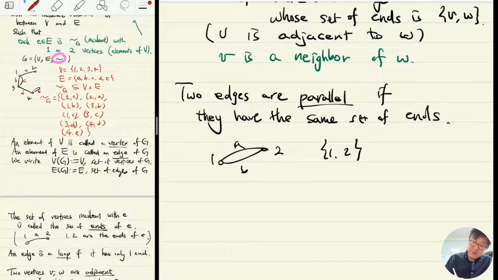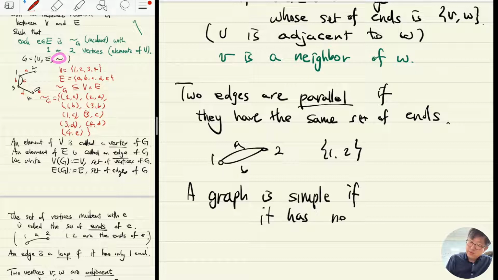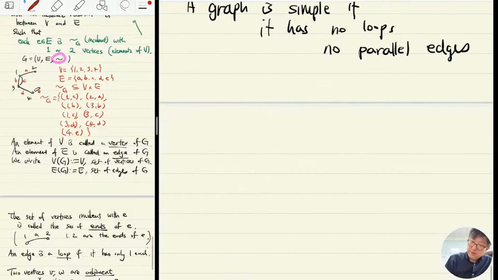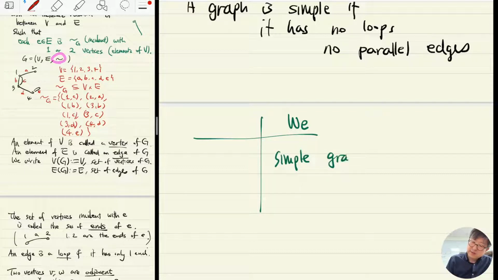Okay, I forgot to say one last thing. A graph is simple if it has no loops and no parallel edges. Depending on the terminology, we are going to use the terms simple graphs and graphs.